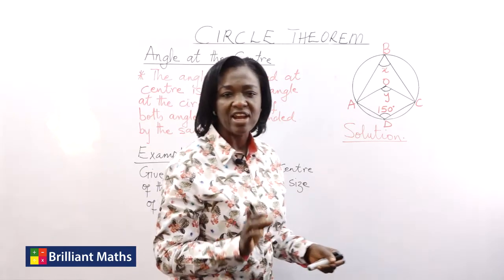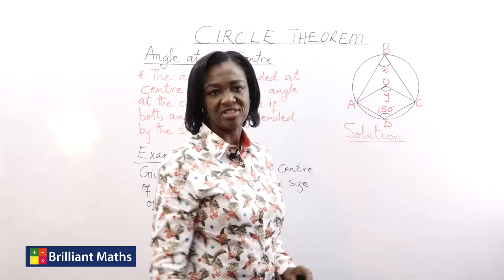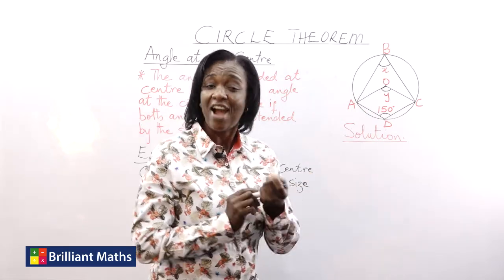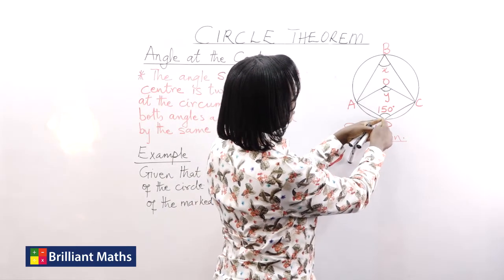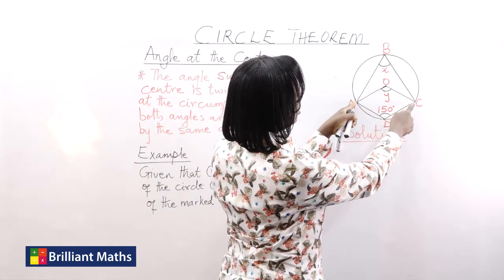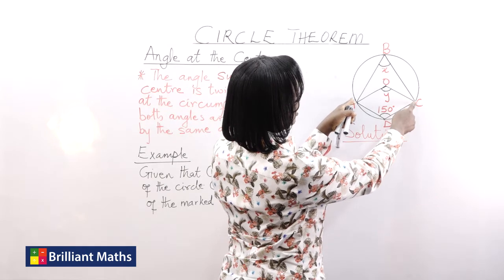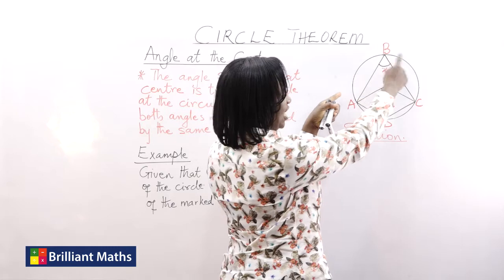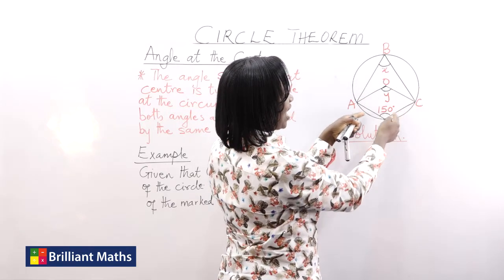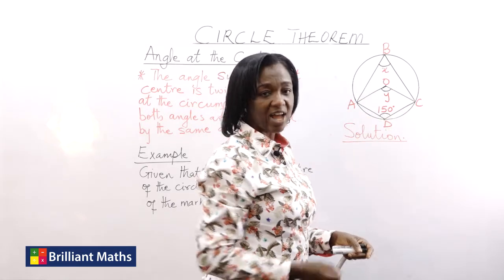Let's see how we can find that. We were only given an angle here, which is 150 degrees. So let's find the arc that subtends that angle. So we go from the angle across to the circumference. So we can see that the major arc AC subtends the angle 150 at the circumference.